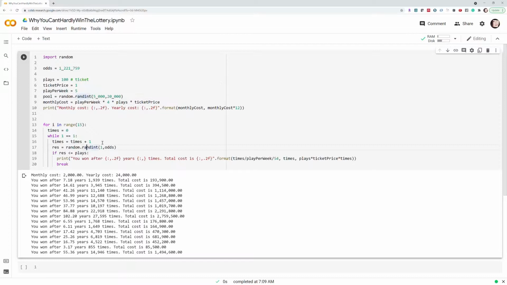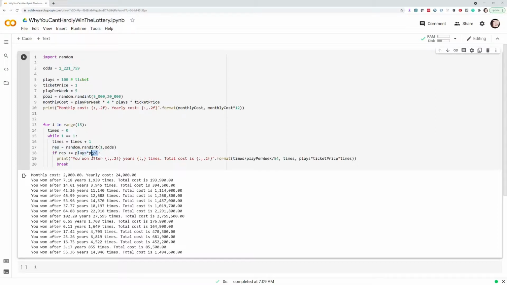So what happened here is that when the number of people who play, and assuming that their ball numbers are unique, you can multiply the number of plays by the pool, as long as the result is less than or equal to the number of balls that the pool has.